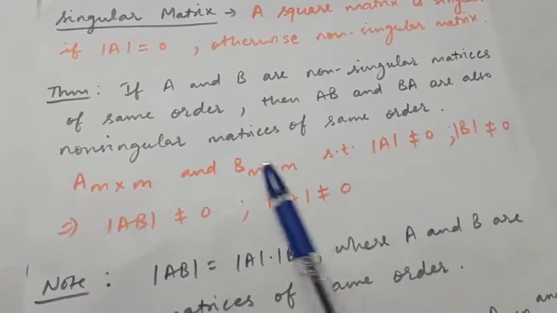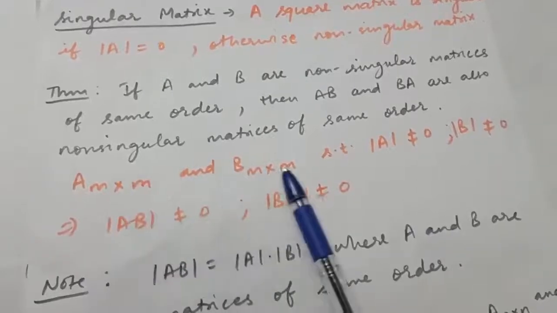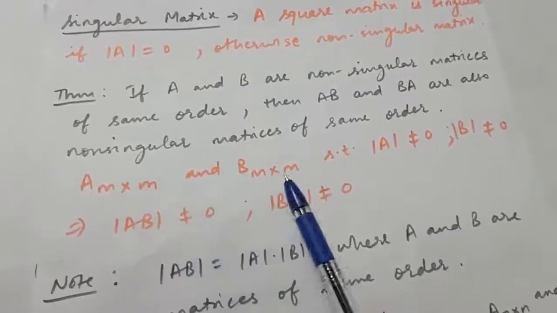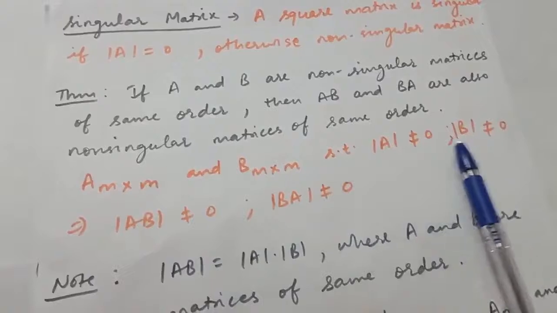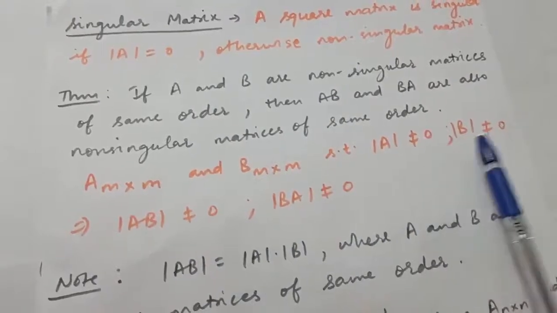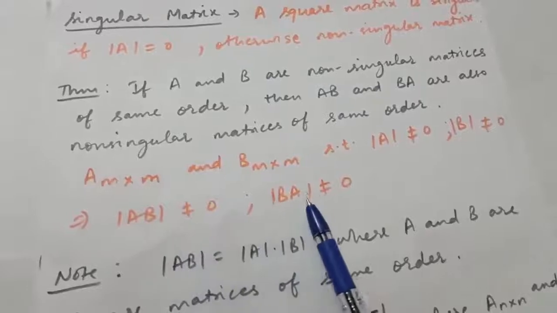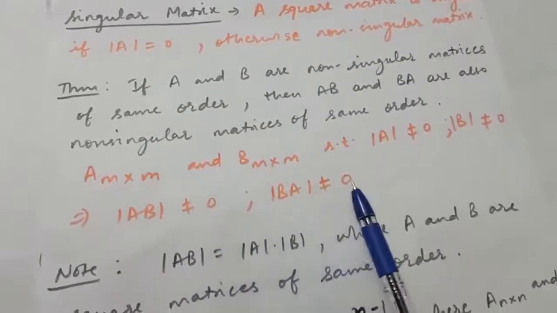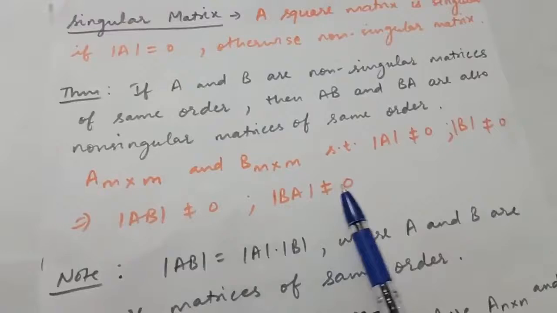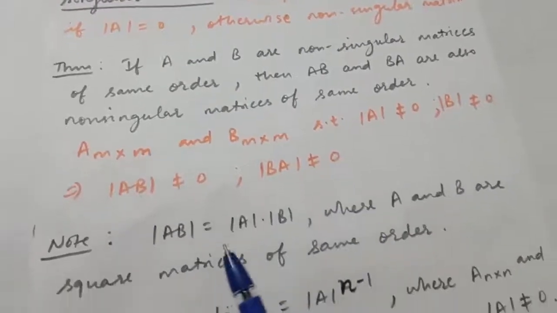See, they are saying if A and B are square matrices of the same order and they are also non-singular matrices, that is their determinant is not equal to 0, then the products AB and BA will also be non-singular, that is their determinant will also be not equal to 0. Why is this so?